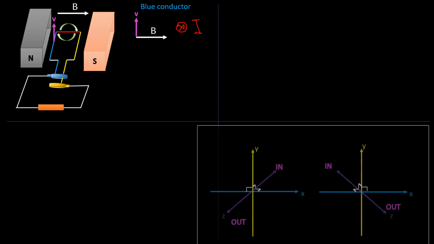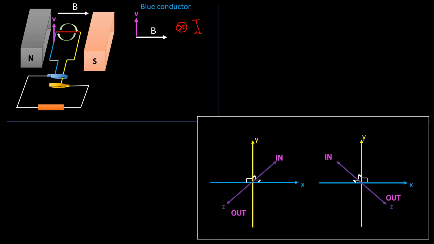So for your blue conductor, the induced current is flowing into the page. What does into the page look like? If you look at the right bottom part of the diagram, you will notice that into the page looks like this.